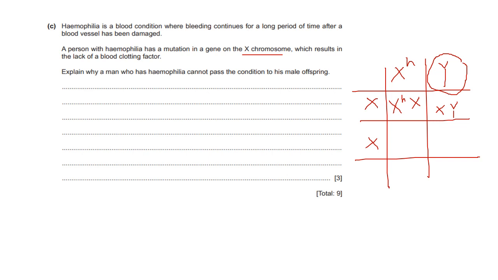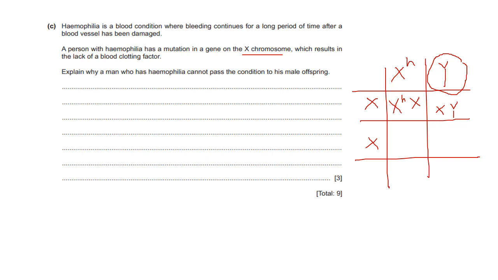So again, you then speak about the fact that there's only one X chromosome in a male child, and that X chromosome comes from the mother. The father only passes the Y chromosome to his son. The Y chromosome does not carry the hemophilia mutation, and as a result of that, the son cannot get hemophilia.